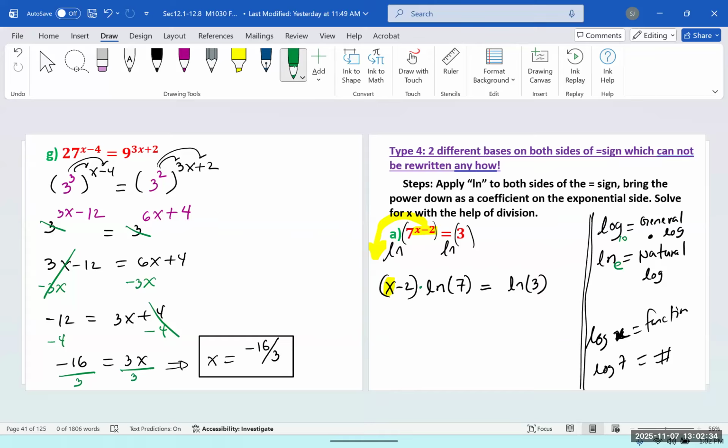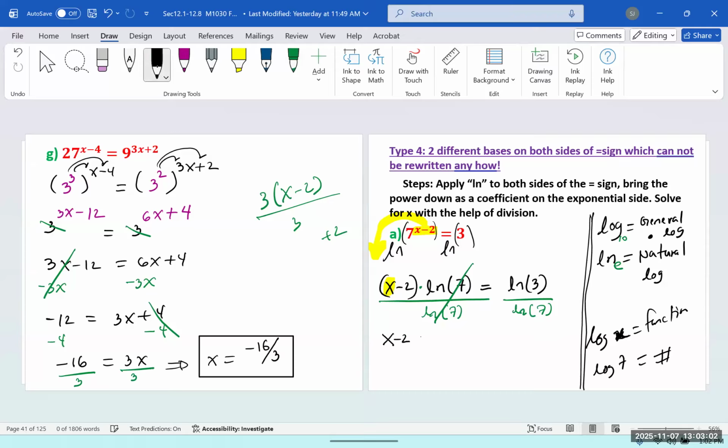If you distribute, you get 2 x's. You're increasing the x. So this is just like a normal 3x minus 2. You can divide both sides by 3, and then you add 2. So same scenario is here. You divide both sides by the multiplication, so there will be no more multiplication.